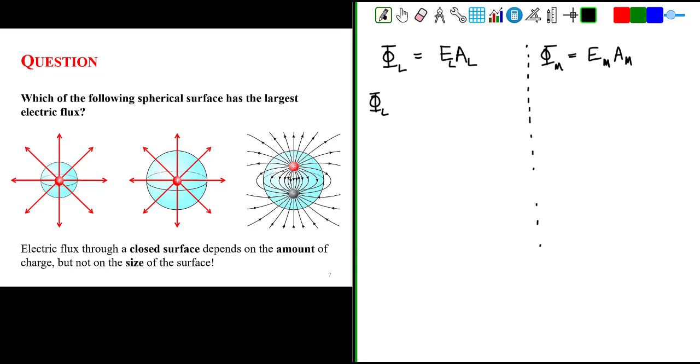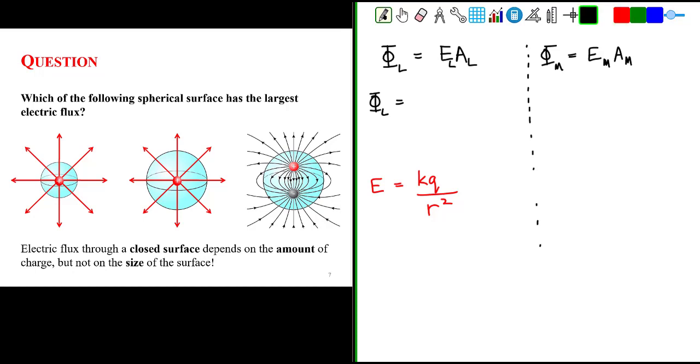Well, in order to find the flux for the left, we need to know what the electric field is due to a point charge. Now, Coulomb's law told us that, and when we worked Coulomb's law with the definition of the electric field being force per unit charge, we got an expression for the electric field magnitude due to a point charge: E = kQ over r squared, where r is the distance from that point charge.